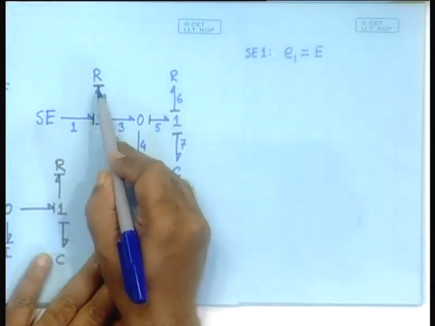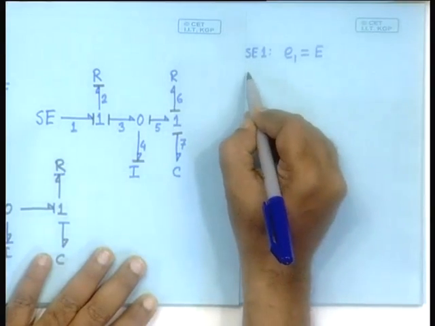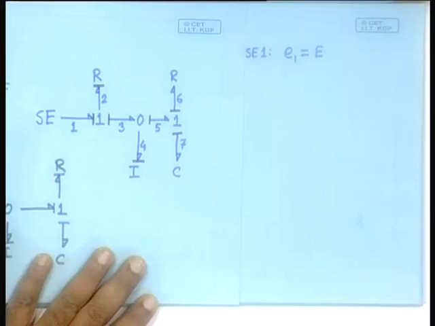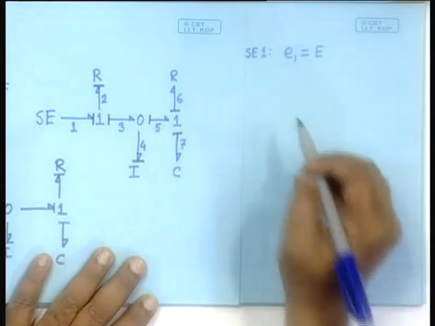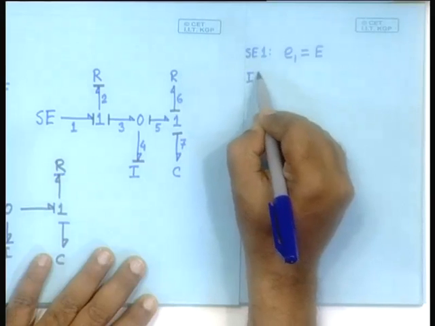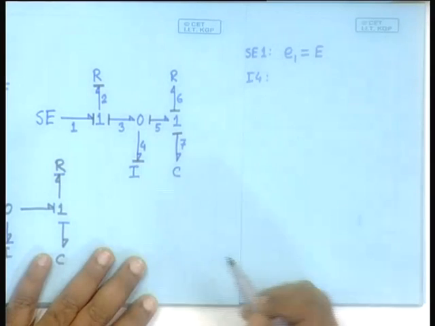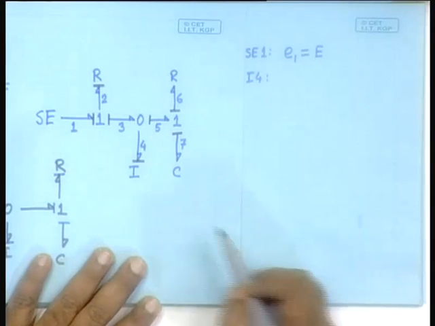Now, next is R2. So, R2 gives what? Okay, let us do it first with the storage elements. So, I4, what does it give to the system?